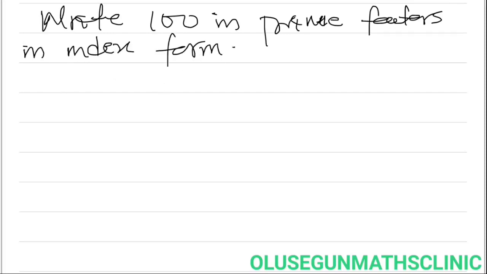Before you do that, before writing a prime factor in index form, let's have a table like this. Let's have another table.